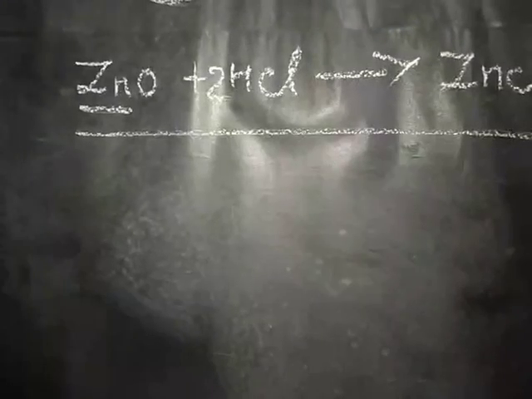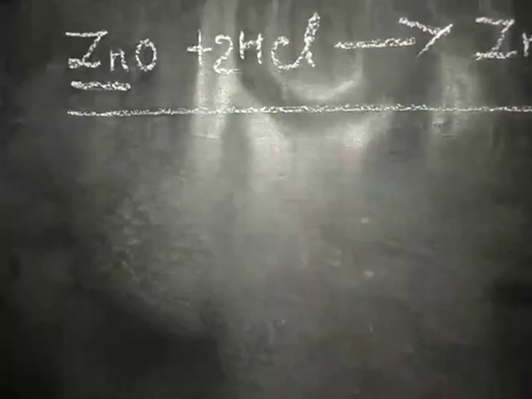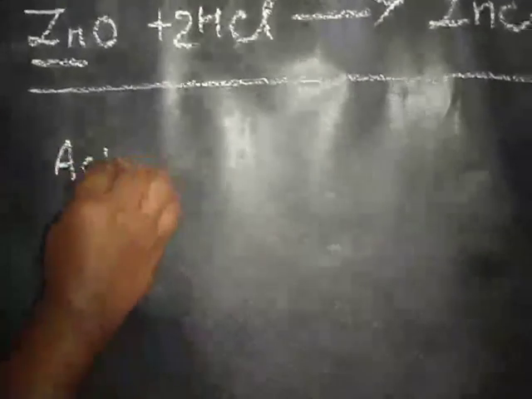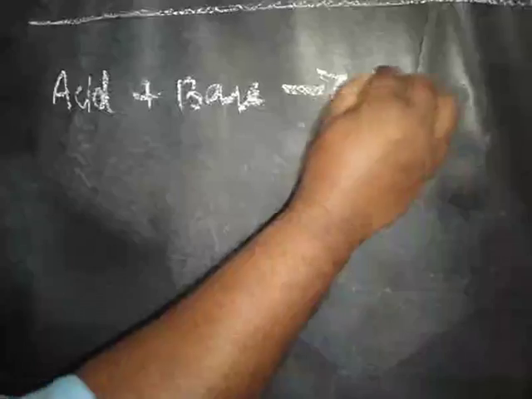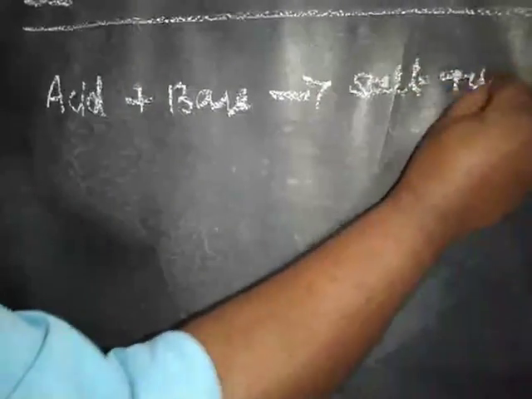Can you understand? We have already learned this in lower sections. Next, acid plus base gives salt plus water. This reaction is known as a neutralization reaction.